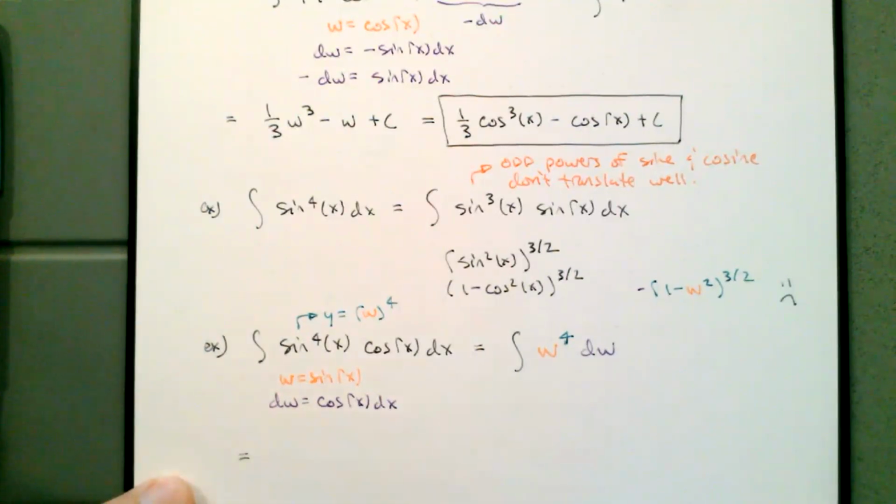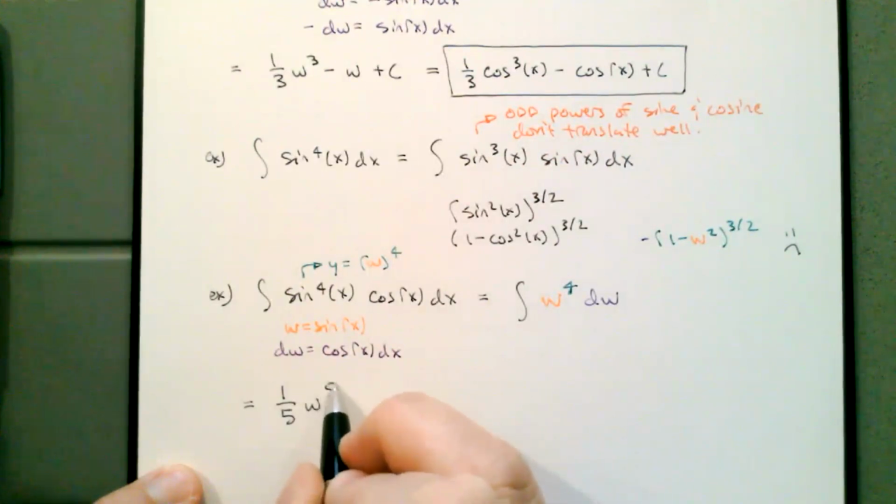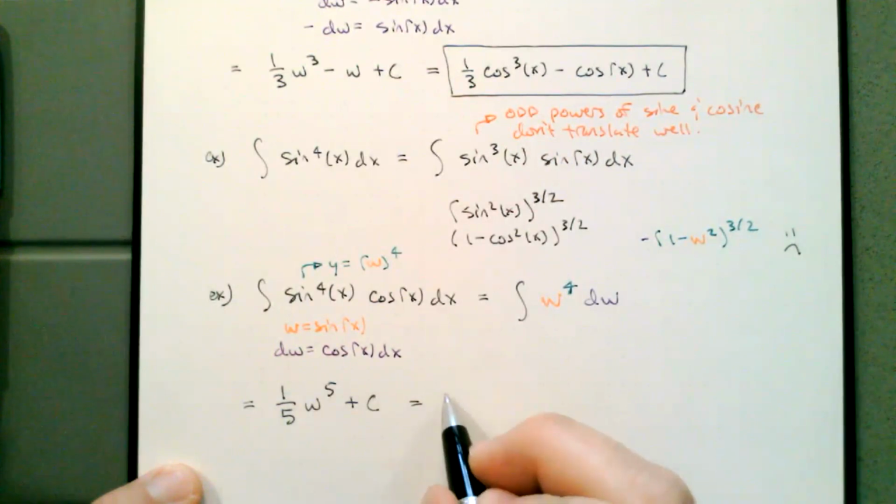So the integral of something to the 4th power is 1/5 of that thing to the 5th power, plus some constant of integration. And w in this case is sine x.